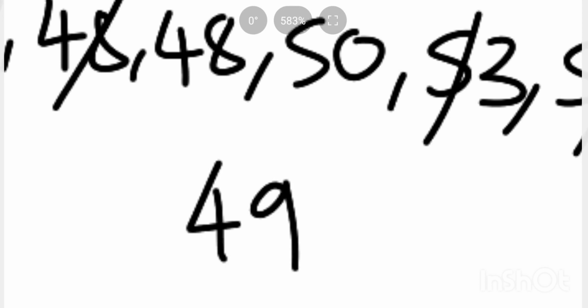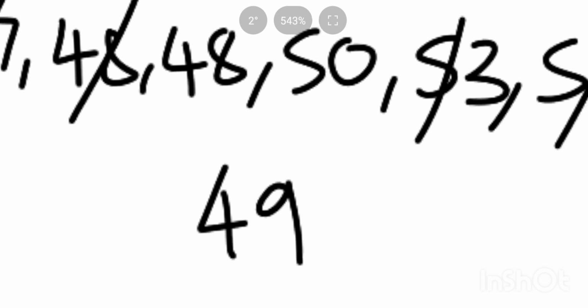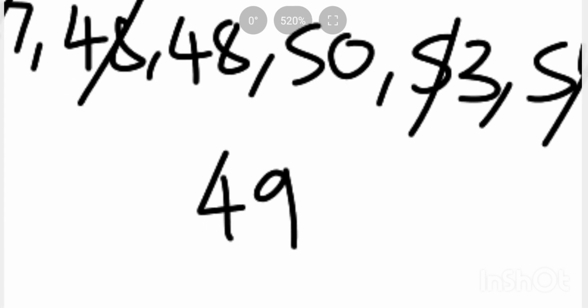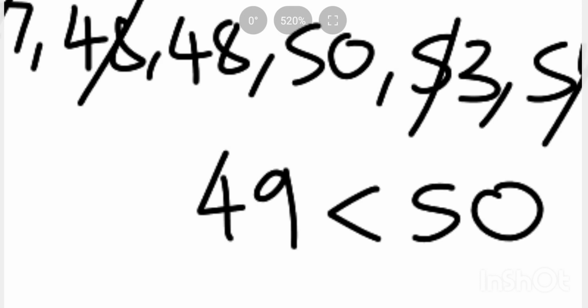And that would be the median number of mints in this sample. So there's 49 mints. That's less than the average that they're claiming, which is 50. So for mints, we would say no.